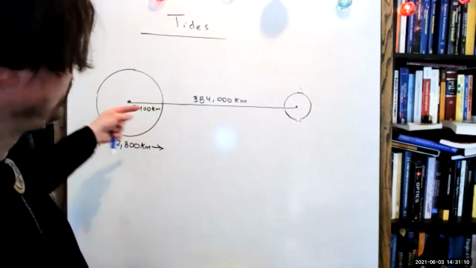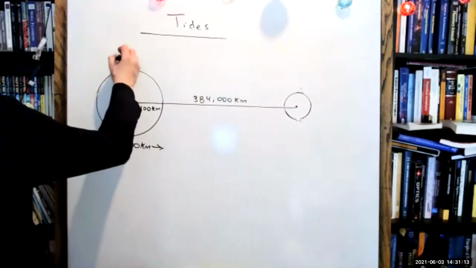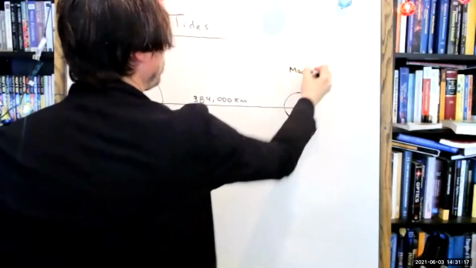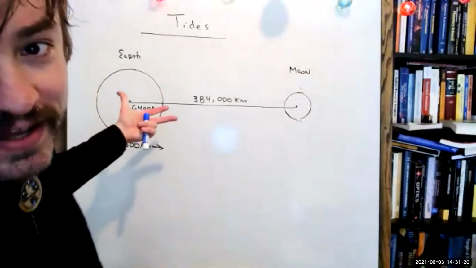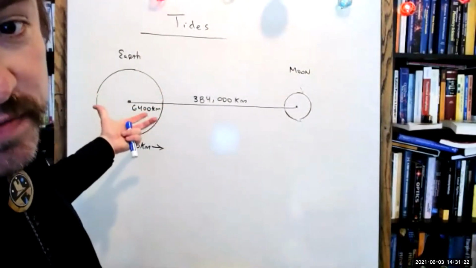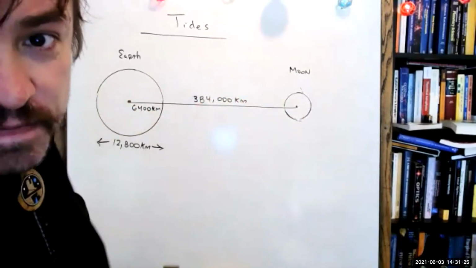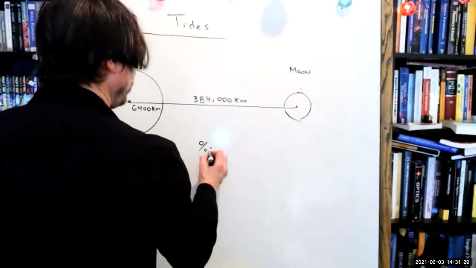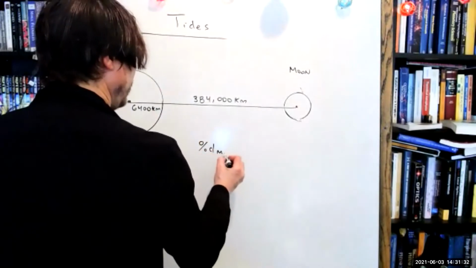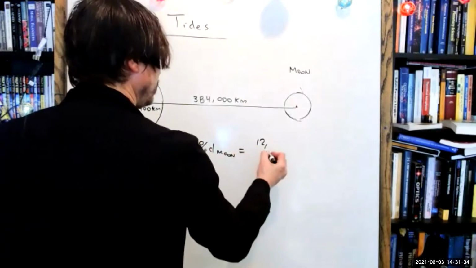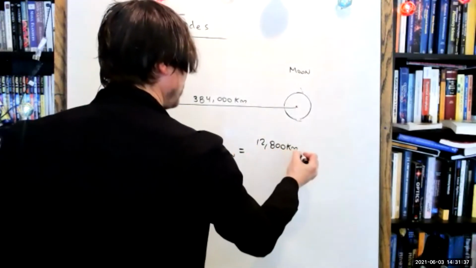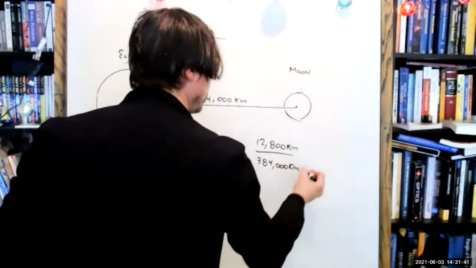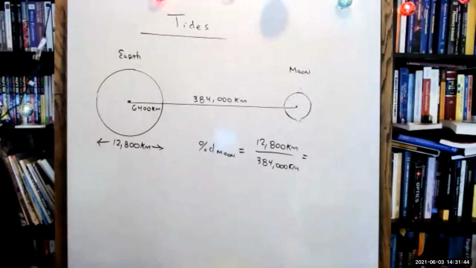The first issue is that if Earth and moon attract each other gravitationally, the Earth's girth is an actual reasonable fraction of the distance between the Earth and the moon. And let's calculate it. What percent of the distance to the moon is Earth's diameter? 12,800 kilometers divided by 384,000 kilometers. Someone type that into your calculator and tell me what you get.